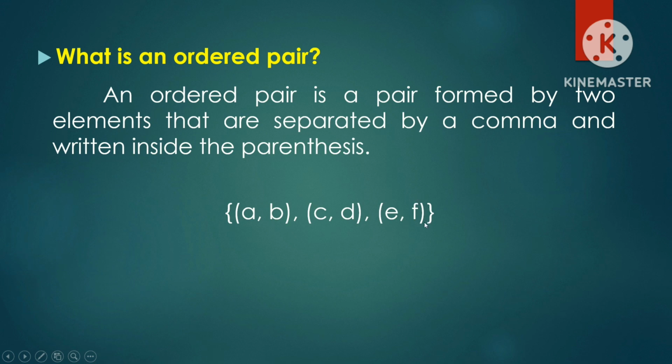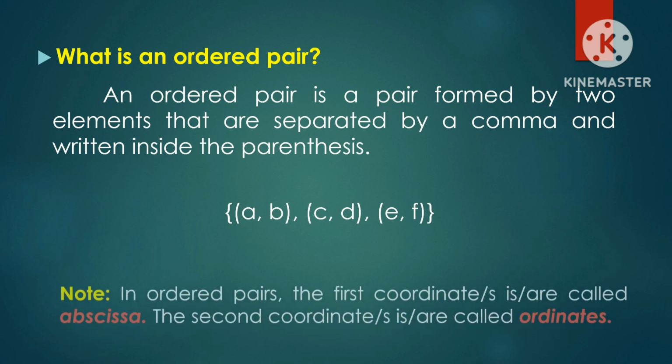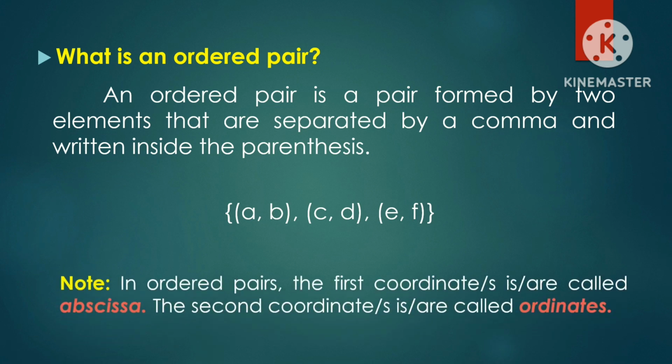Okay? So here in our ordered pair, guys, meron tayong first coordinates at saka second coordinates. And I want you to take note of this. In ordered pairs, the first coordinates is what we call abscissa, and the second coordinates is what we call ordinates.